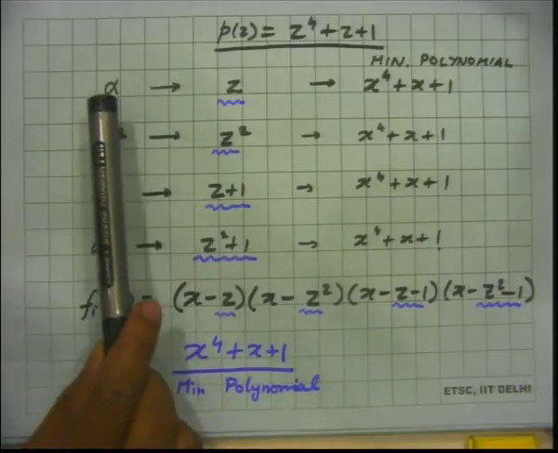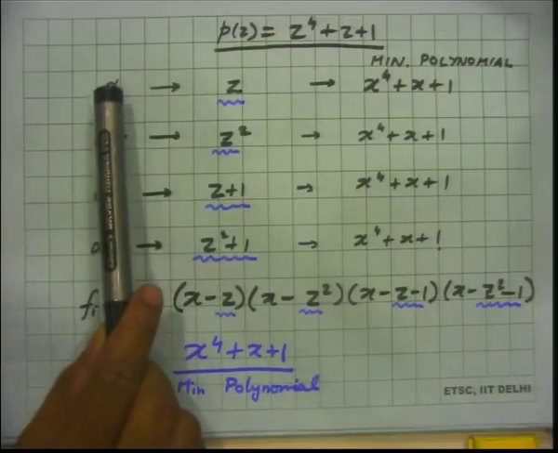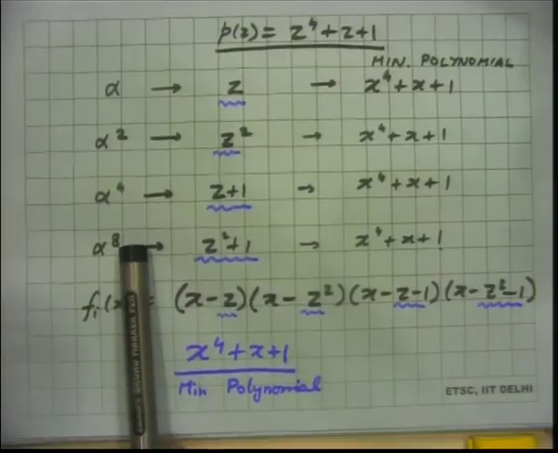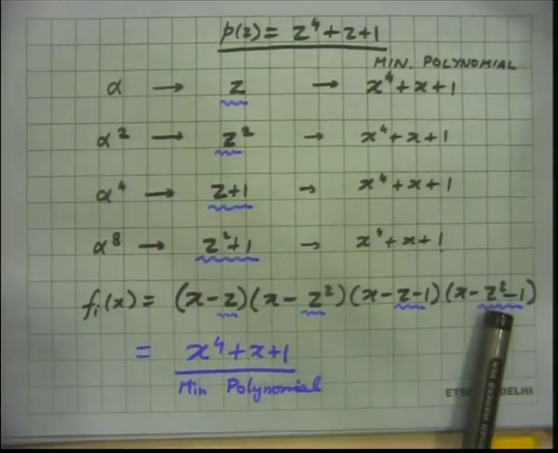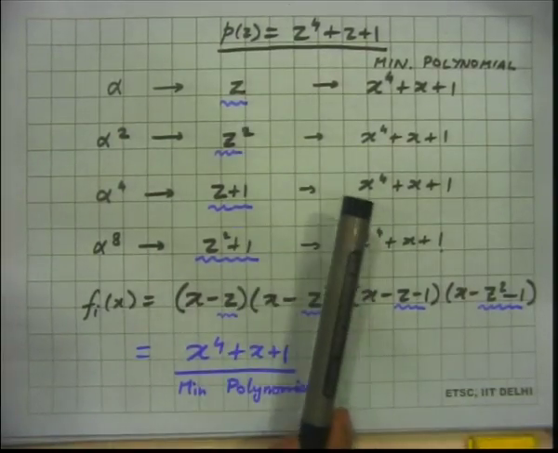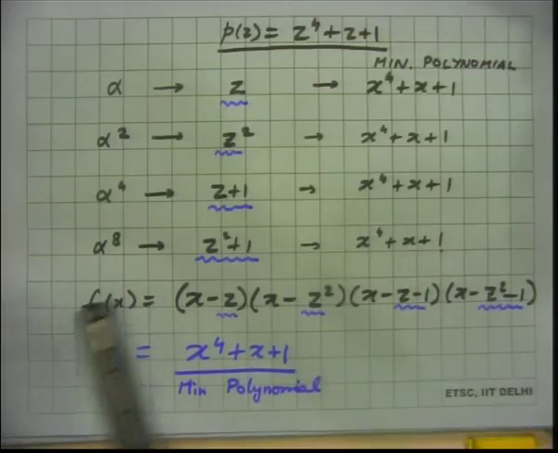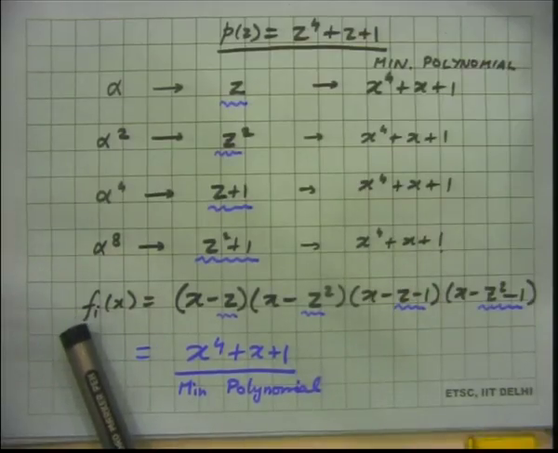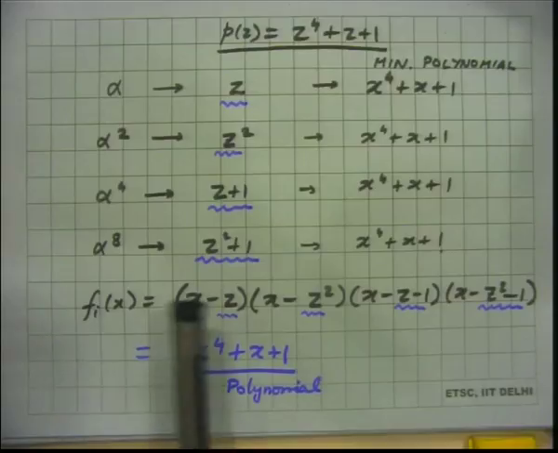Now, we also proved last time that for certain powers of alpha, when you have linear factors, you will end up having the products leading to the minimal polynomial.